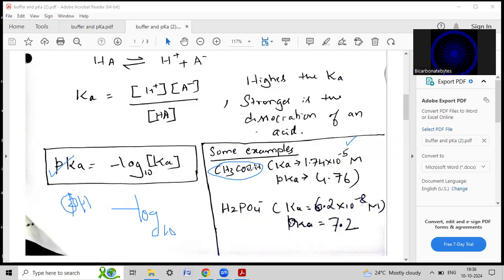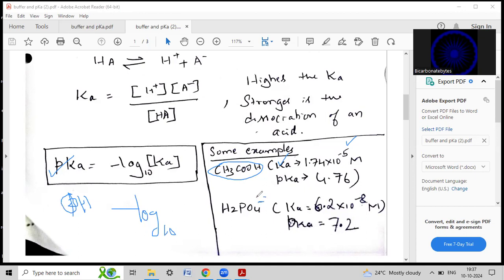And I'd like you to appreciate, you don't have to memorize anything, it's just for your understanding. The dissociation constant of acetic acid is 1.7 into 10 raised to minus 5 molar, and the pKa, if you take the negative log of that value, will be somewhere close to 4.7.